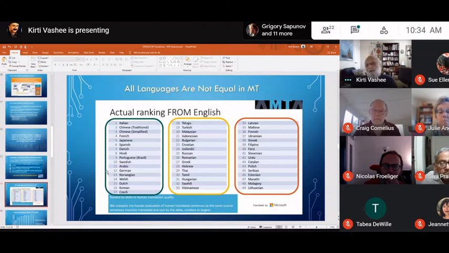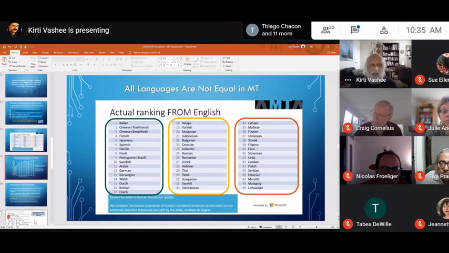And the red circled languages are harder because there's less data, and there's more linguistic variance between the structure of the source language and the target language. The greater those variances, the tougher it is to build a high quality machine translation system. So this is the reality you will also face: as you look at different languages, the problem is not going to be the same for every language.